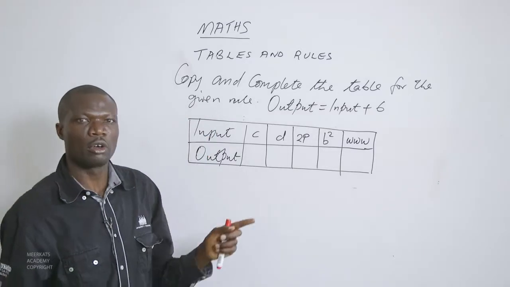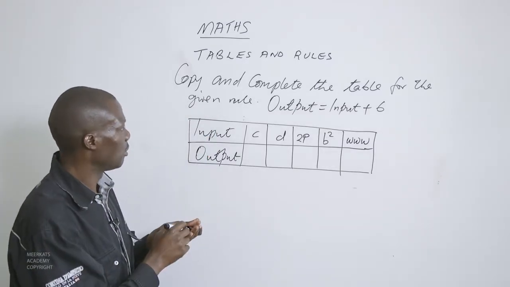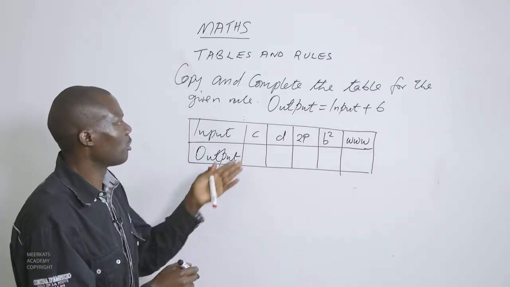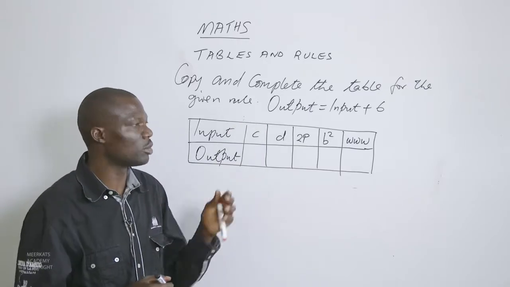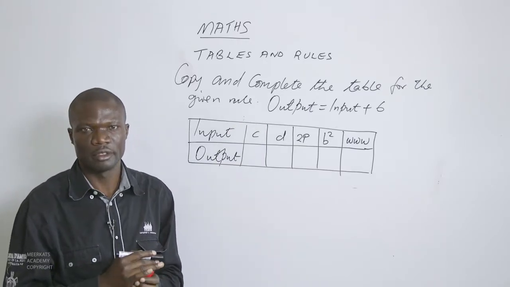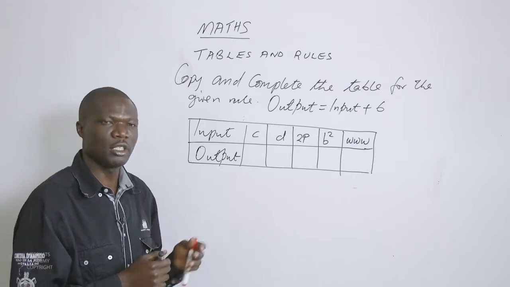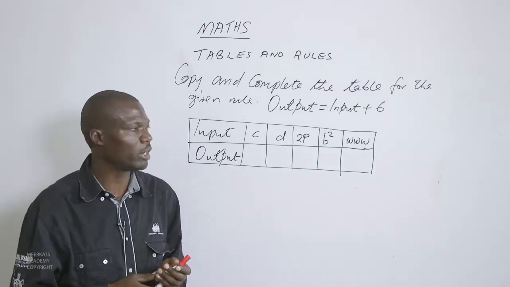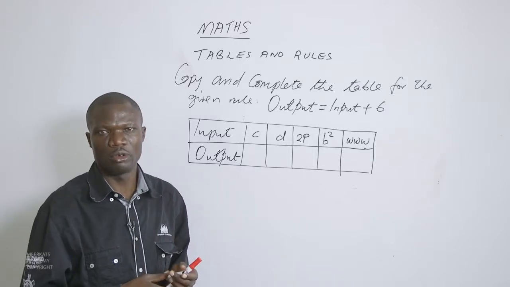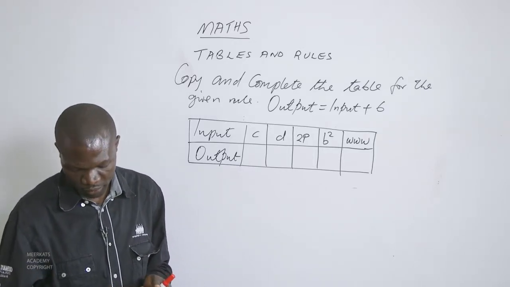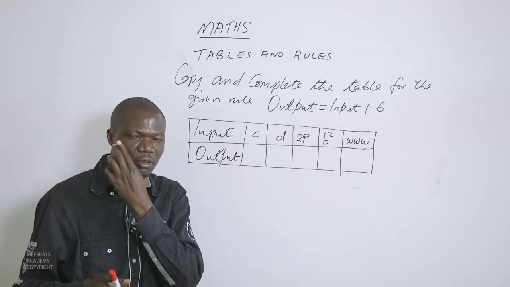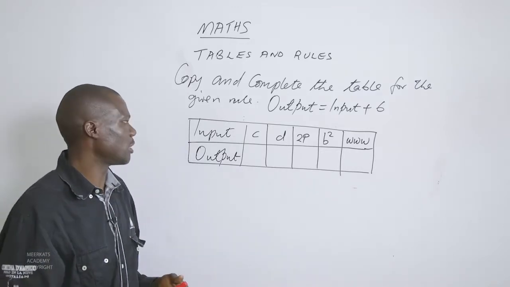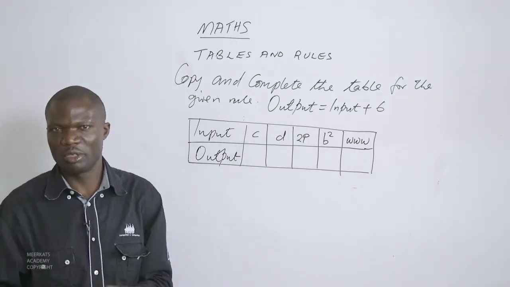So, complete this table. The rule is output is equal to input plus 6. The table has C, D, 2P, B squared, and W. Now, these are just letters, but the rule must be observed.